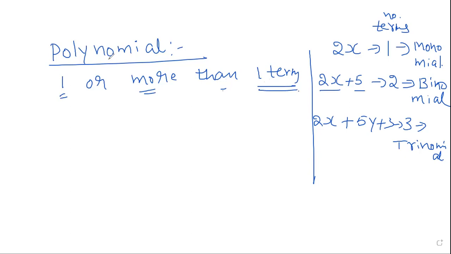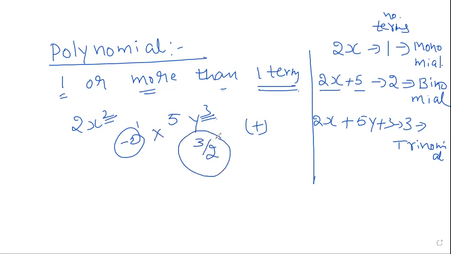In an algebraic expression, the power of the variable, for example x square or 5y cube. Here what is the power? Power or exponent. 2 is the exponent, 3 is the exponent, or we say power. It should always be a positive number, not a negative number and not a fractional number. A polynomial means the powers of the variables are non-negative integers, that is whole numbers.